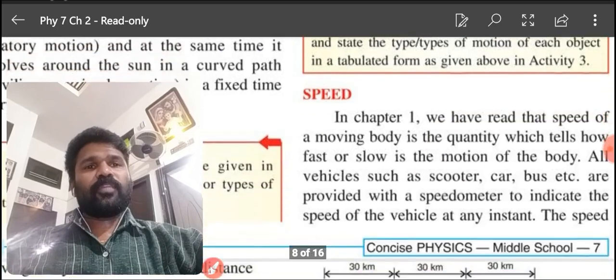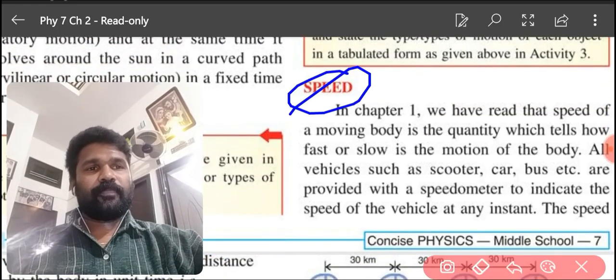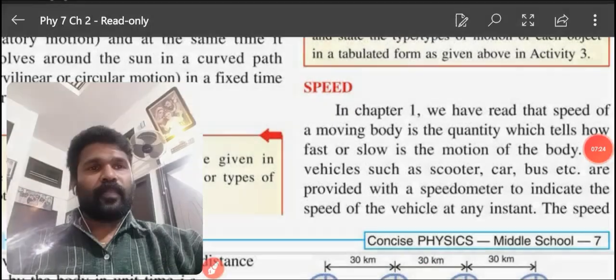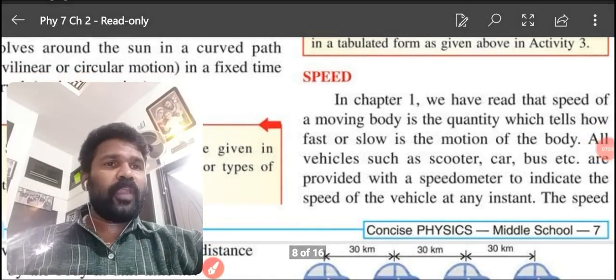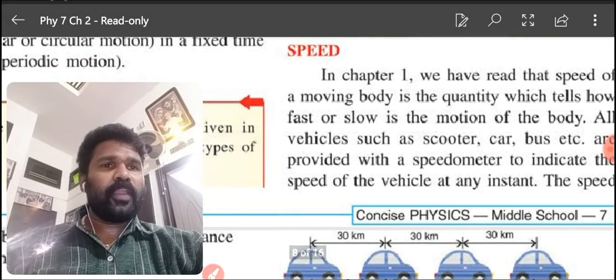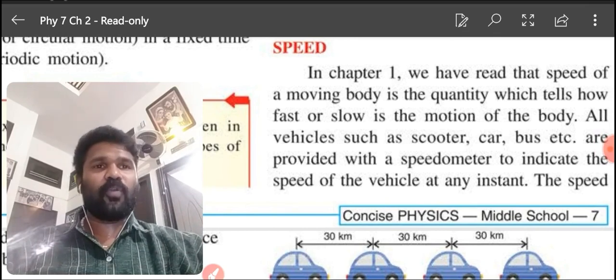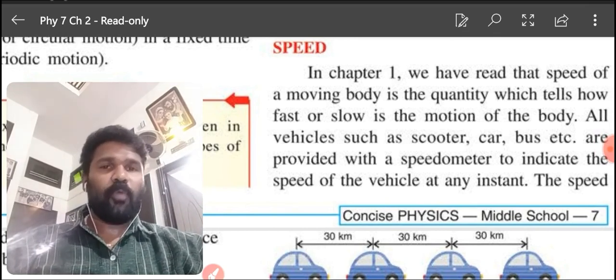Now we are going to discuss the portion speed. In chapter 1 we have read that the speed of a moving body is the quantity which tells how fast or slow is the motion of the body.